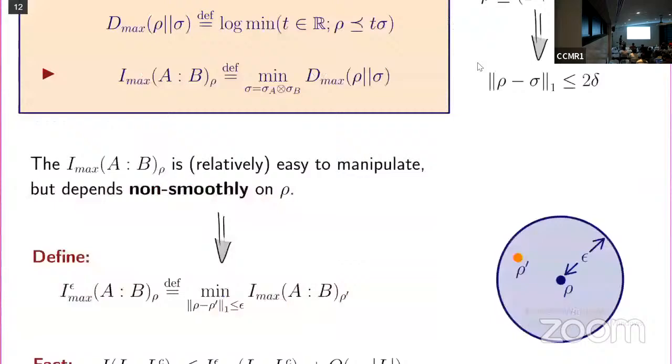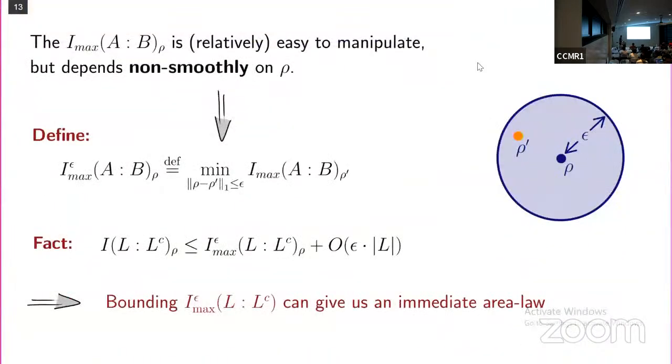Okay, so this is the definition, and another slight definition that we have is the epsilon I max. The epsilon I max is the best thing that we can get if we are looking at a ball of size epsilon around rho. What does it mean? It means that I have some sort of a bipartition of the system. I will look for anything which is close to rho where this I max, with respect to that rho and that bipartition of the system, will be minimal.